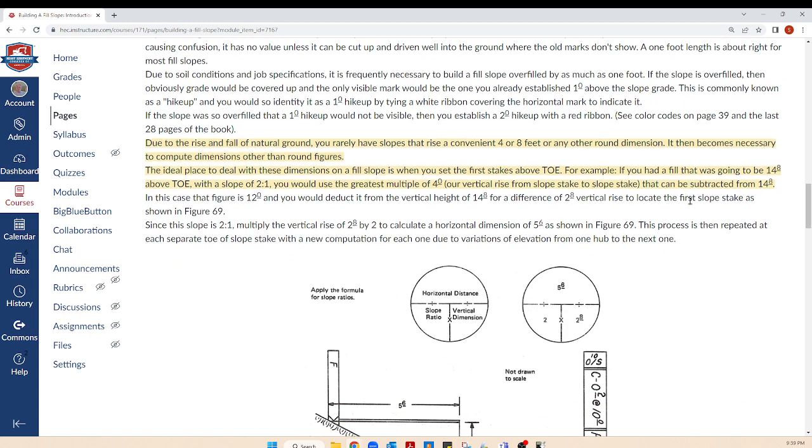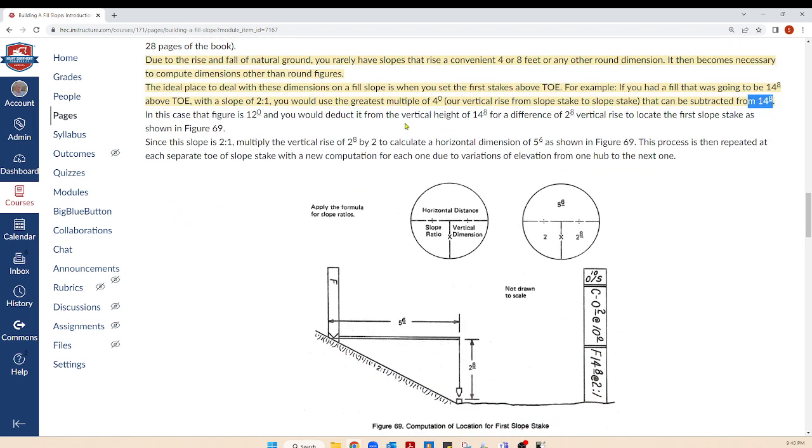For example, if you had a field that was going to be 14 and 8/10 total field above the toe with a slope of 2 to 1, you would use the greatest multiple of 4 as your vertical rise from slope stake to slope stake. That's what we're after. The greatest multiple of 4 that can be subtracted from 14.8. So what is that? In this case, it's 12.